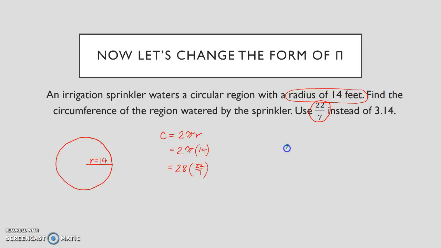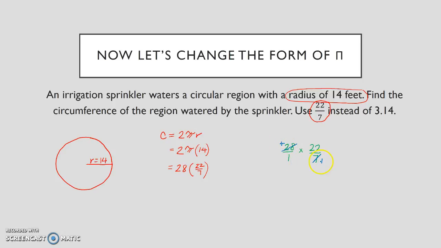So we're going to go over here, we're going to multiply 28 over 1 times 22 over 7. So the reason it's always going to be a multiple of 7 is so that you can cancel. So remember that we can take common factors out of the diagonal. 7 divided by 7 is 1. 28 divided by 7 is 4.